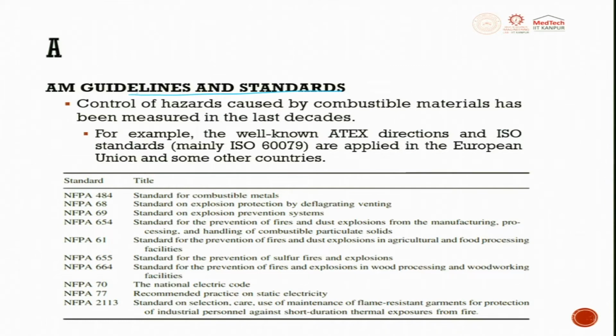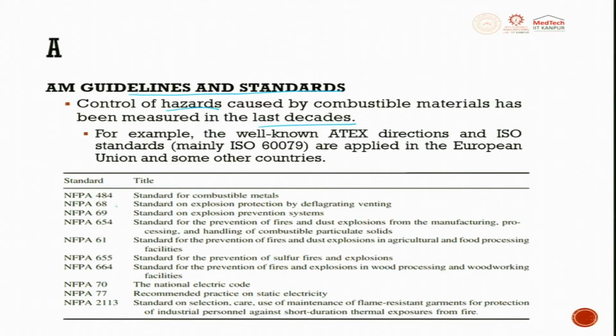When we have to make a market worthy product or a customer worthy product, it has to follow certain guidelines and standards. Here we are going to talk about control of hazard caused by combustible material, which has been measured in the last decade.